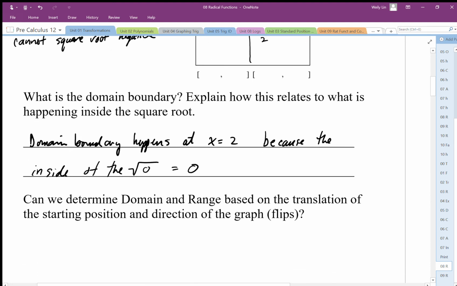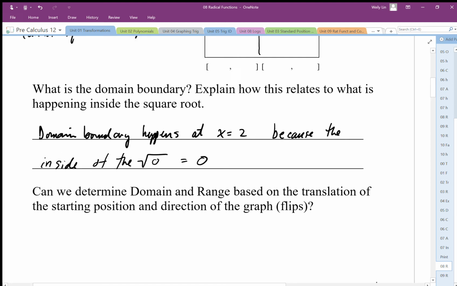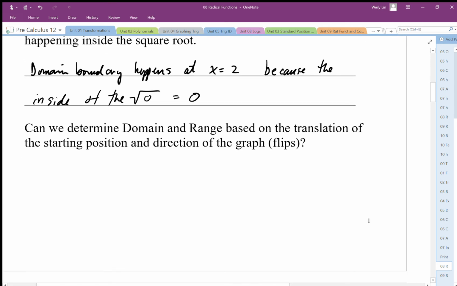We could also think of domain and range from a different perspective. So there's two things we're going to look at. One is domain and range. The other is transformation. We can think of a translation of this function. Basically we have our original function. Its domain starts at (0, 0), and it goes to the right and it goes up.